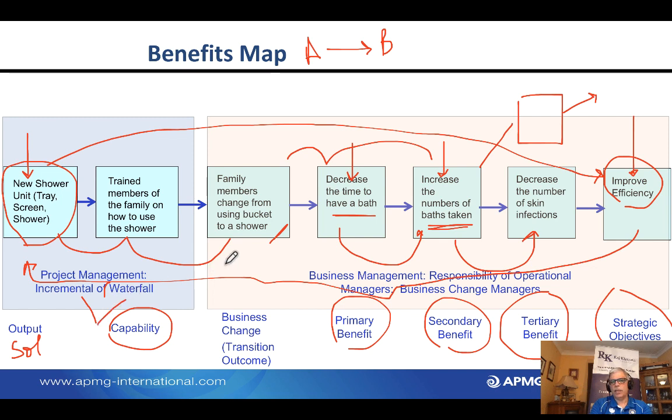And this side that you see is the responsibility of the operational managers, and it's about changing the business and then realizing the benefits. As we said, it's important to understand what the disbenefits are, but we don't tend to include them in a benefits map because it's actually called a benefits map.